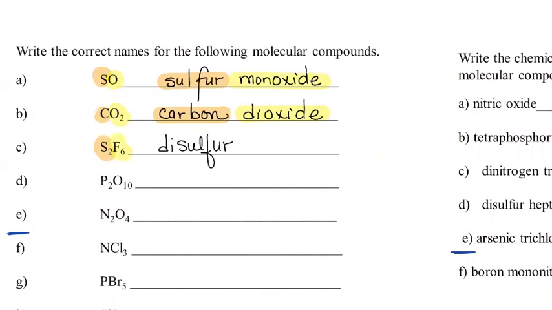Okay, now we have 6 of the F. What is the prefix for 6? Great, hexa. And then based on the table in slide 18, what is the word that we use for describing that second nonmetal?